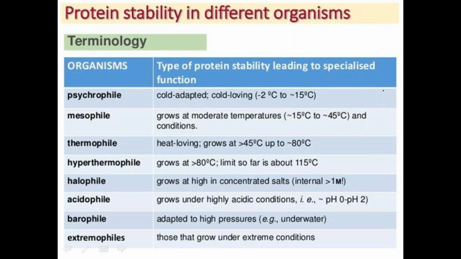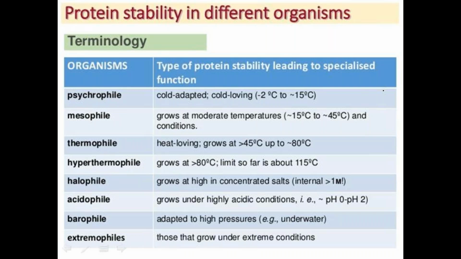They grow at very low temperatures of -2 to -15 degrees centigrade. Mesophiles grow at moderate temperatures of 15 to 45 degrees centigrade. Thermophiles grow at high temperatures up to 80 to 90 degrees centigrade, and hyperthermophiles go above that.